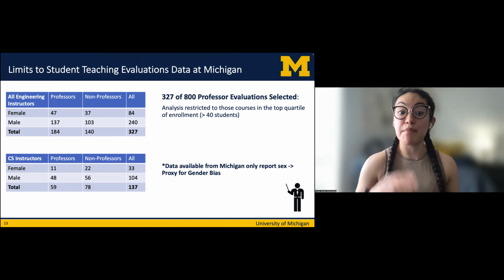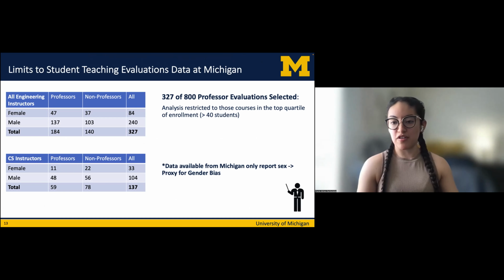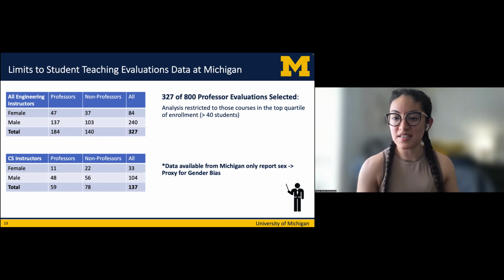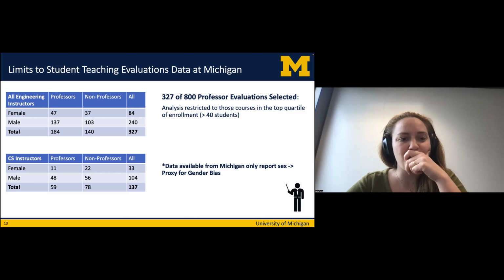We did have many more male professors compared to females, but hopefully our p-values offset that and give a better analysis. Hopefully that answers your question a little bit. Yes, thank you very much.